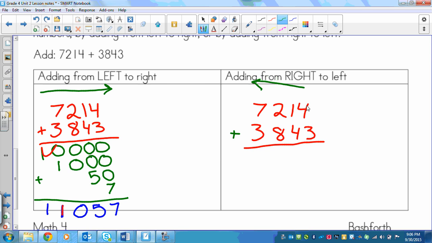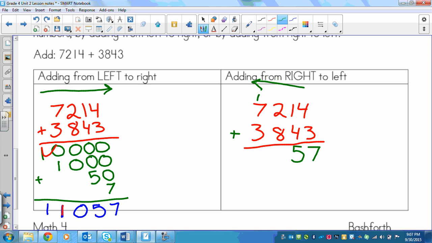First up is the ones place value. So we've got a 4 plus a 3, which is 7. In the tens place value, we've got 1 plus 4. That equals 5. Then over here in the hundreds place, we've got 8 plus 2. 8 plus 2 is 10.